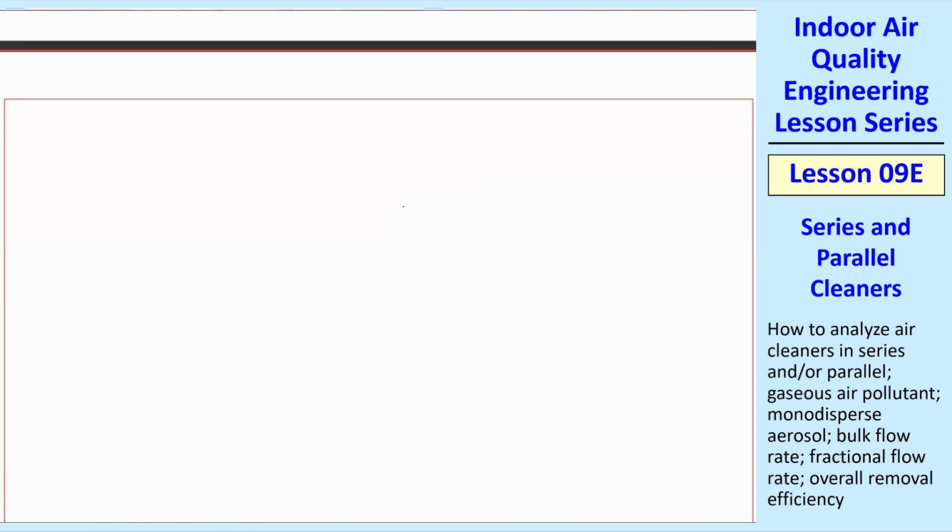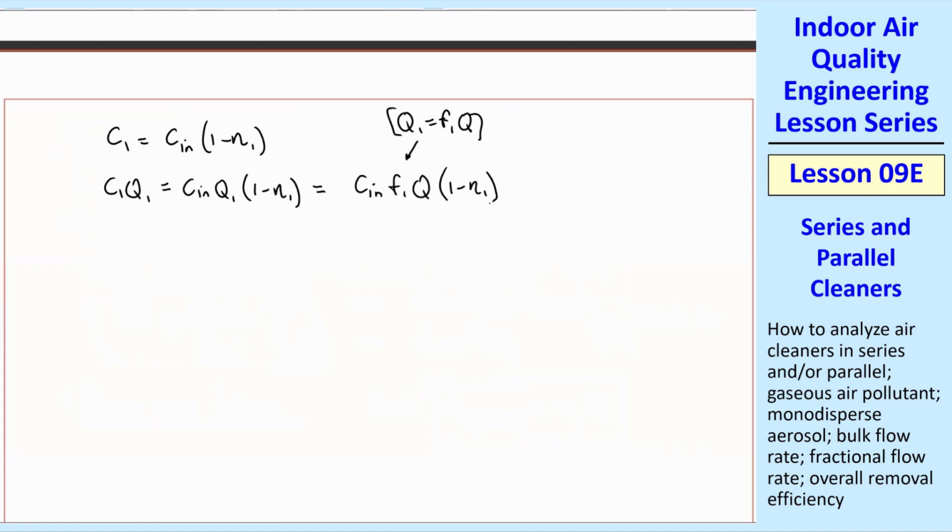Let's do a little algebra with these species mass flow rates. We had this equation above, C1 equals C in times 1 minus eta 1. Multiply by Q1 everywhere, and then let Q1 equal F1Q, as we also defined above. So we have C1Q1 is C in F1Q times 1 minus eta 1. Similarly, for the second unit, we get the same equation except with subscripts 2.